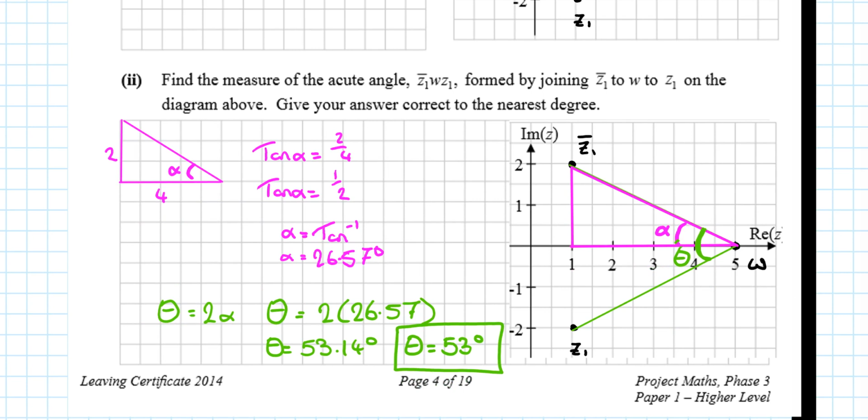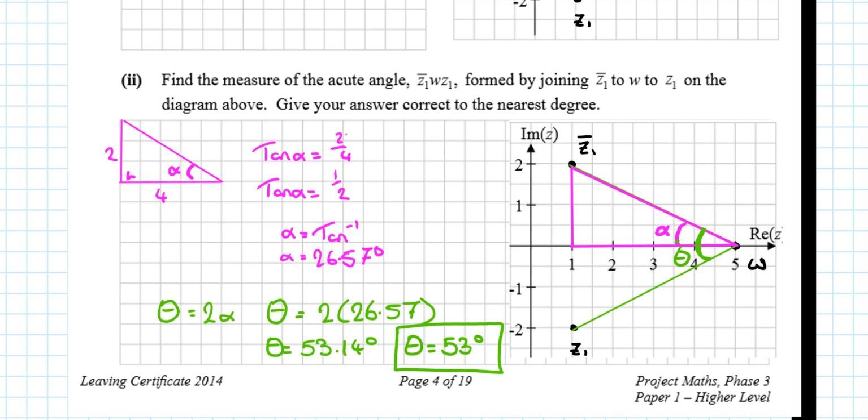But it's a lot easier if I were to just break this down and consider just the purple triangle here. How long is this? It's 2. And how long is this? The distance between 1 and 5 is 4. So I have a right angle triangle. And I could find this angle alpha by going opposite over adjacent.